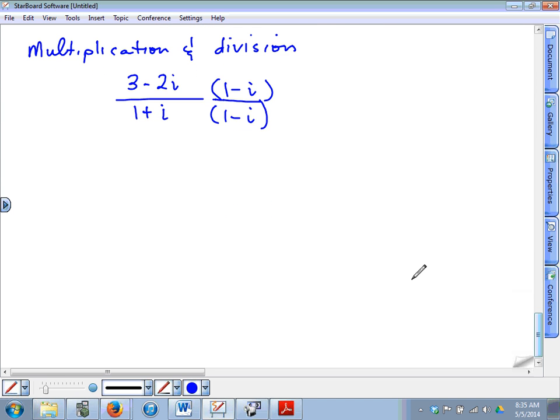So in polar form, let's say z1 equals r1 CIS theta 1.